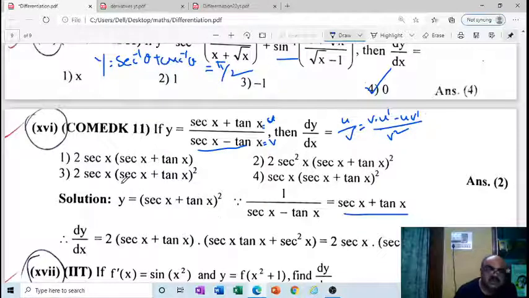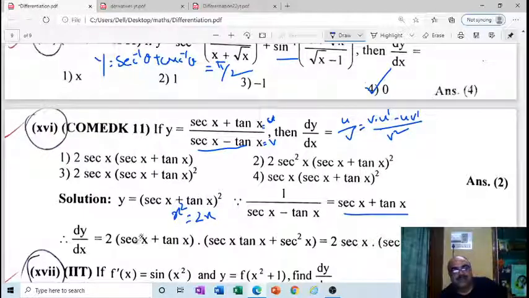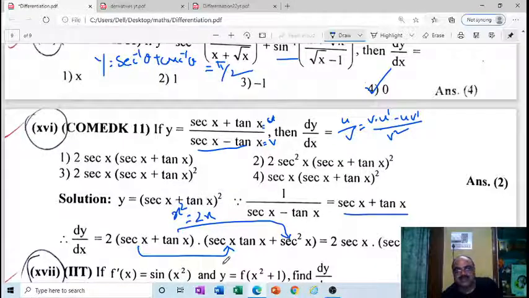Now differentiation will be 2 into secant x plus tan x, then differentiation of secant x, which is secant x tan x, and tan x differentiation is secant square x.